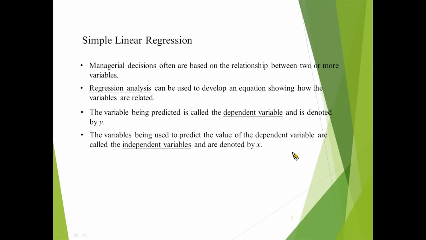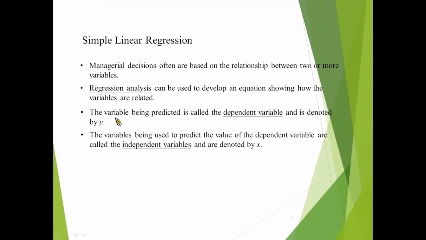Okay, so let's talk about the definition of simple linear regression. Managers' decisions often are based on the relationship between two or more variables, and regression analysis can be used to develop an equation showing how the variables are related.